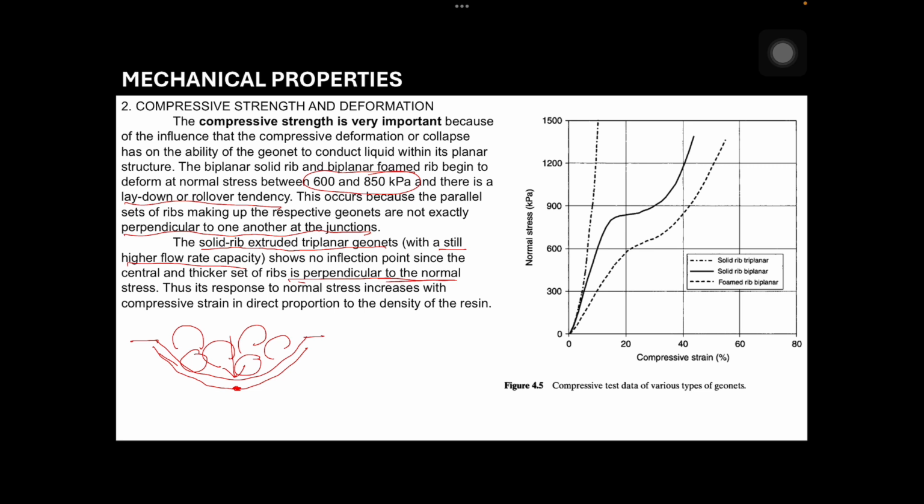Thus, its response to normal stress increases with compressive strain in direct proportion to the density of the resin. So, as it says here, the biplanar solid rib and biplanar foam rib are weaker in terms of compression compared to the triplanar solid rib geonets. Also, triplanar is still better in terms of flow rate.